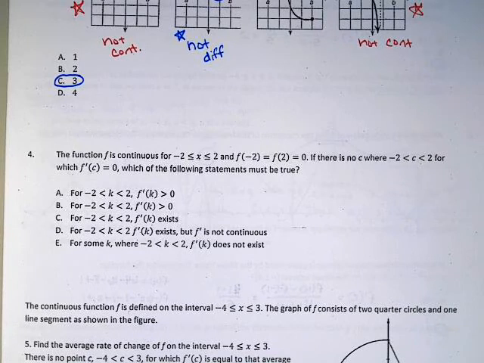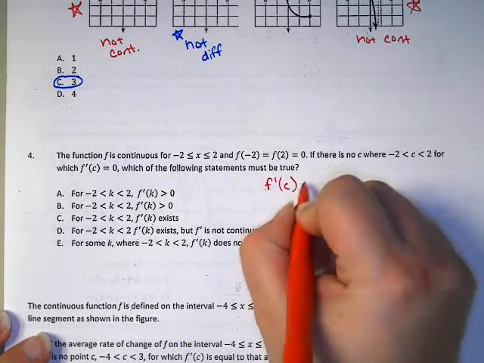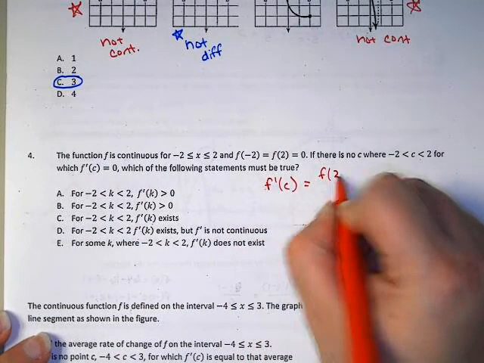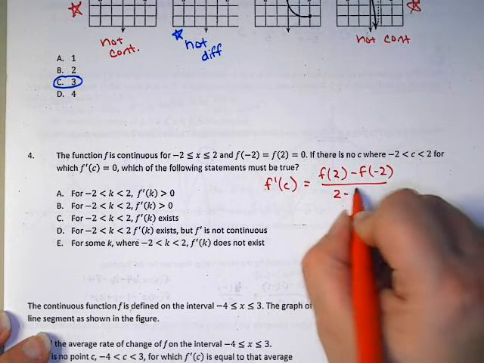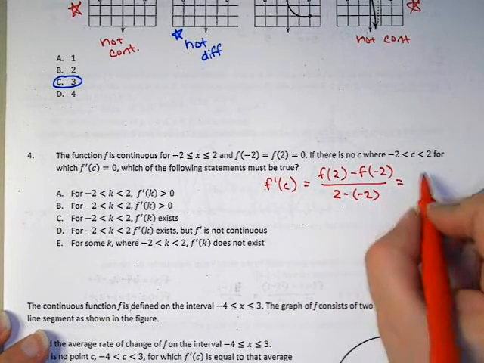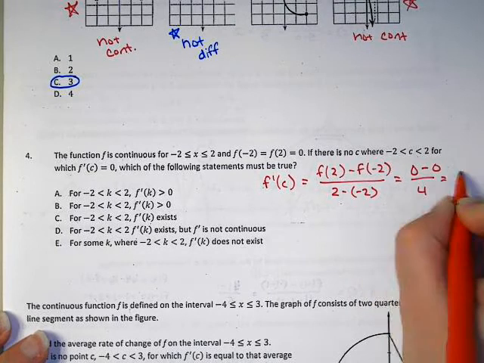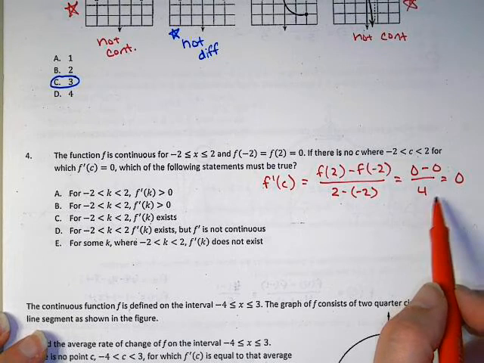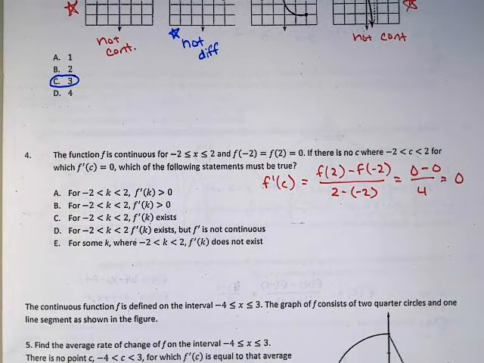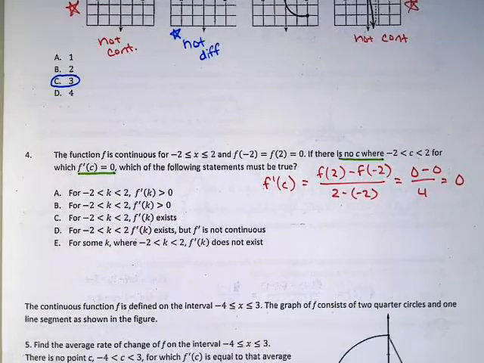Well, when we think about the mean value theorem, we know that f prime of c has to equal the average rate of change. So f of 2 minus f of negative 2 all over 2 minus negative 2. And we know that f of 2 is 0 and f of negative 2 is 0, which means that f prime of c equals 0 if we were able to apply the mean value theorem. And we're not able to do that because it says that there is no value of c where f prime of c equals 0.